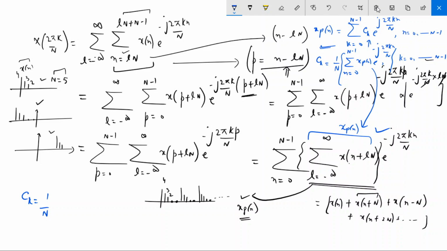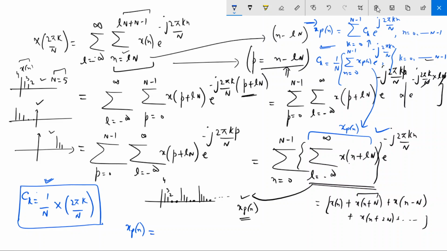So I can write it as x of 2 pi k by n, which is ck. This is a very important relation. And finally, if you put this ck in this equation, you will get the equation for xpn.